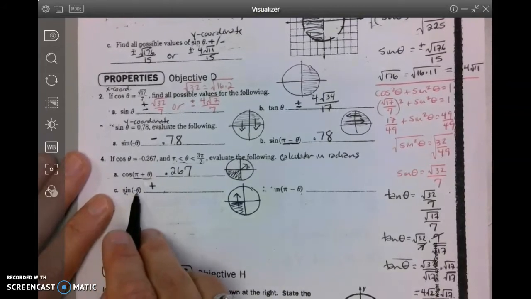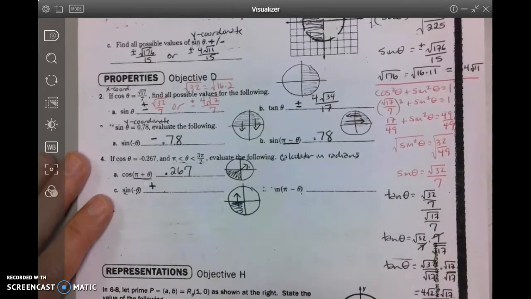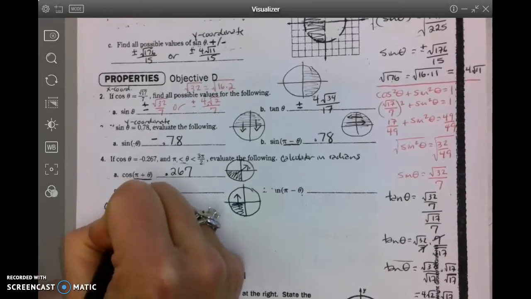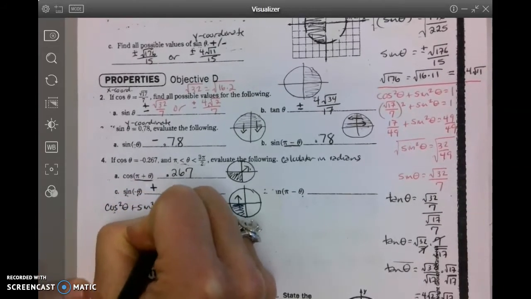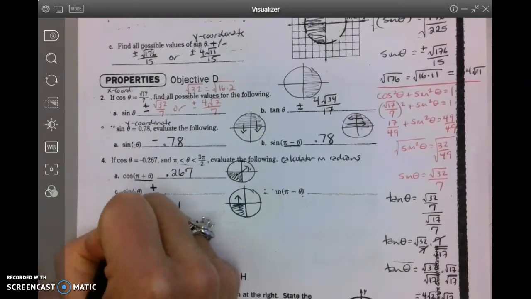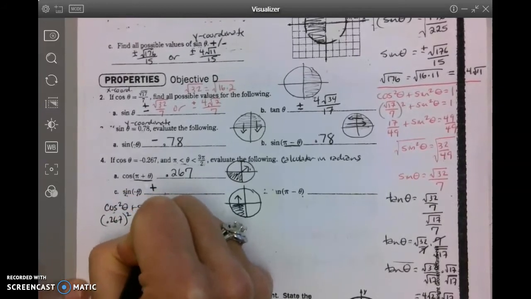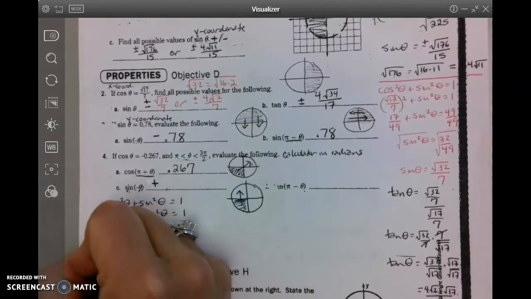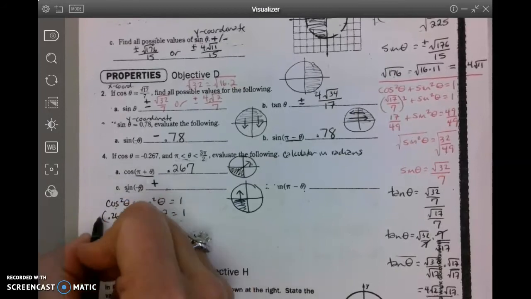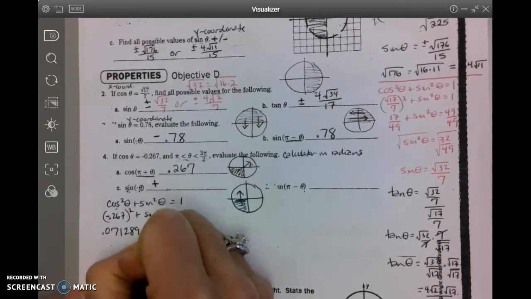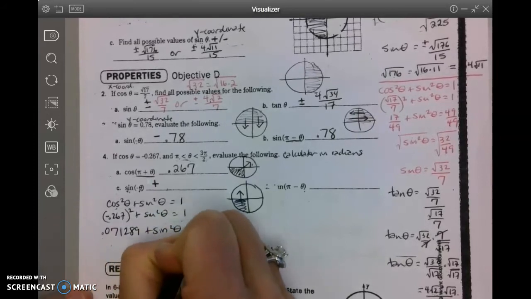But now we need the number part. We know the cosine, but we don't know the sine, so we're going to come back to using our Pythagorean identity theorem, which says cosine squared plus sine squared equals 1. Cosine is 0.267 squared plus sine squared equals 1. So when I square that 0.267, I get, and you could say, well, wasn't it negative? It was. But when I square it, it's going to become positive, and I get 0.071289 plus sine squared of theta equals 1.